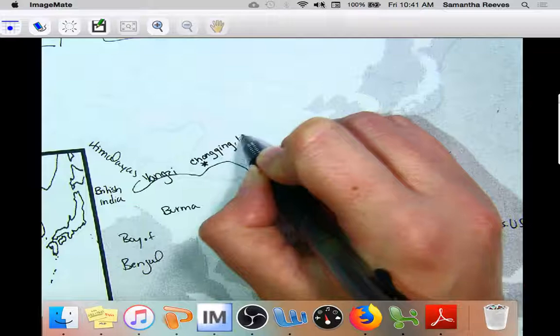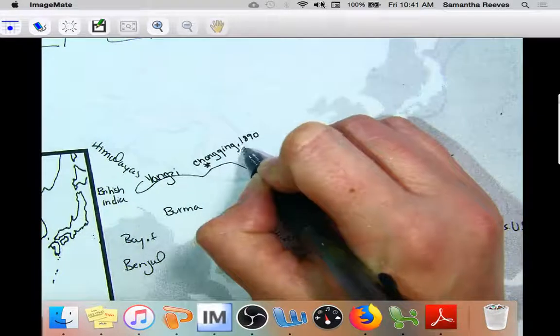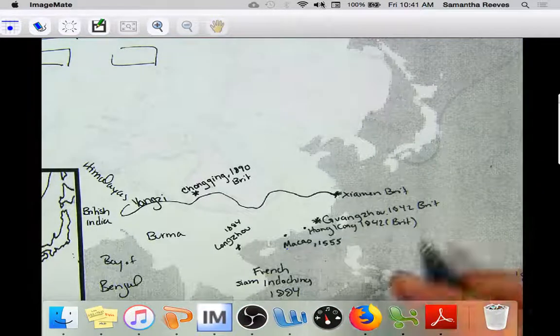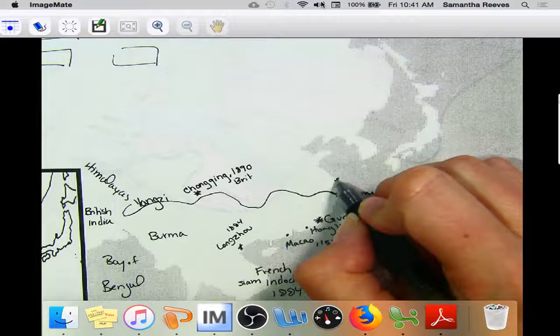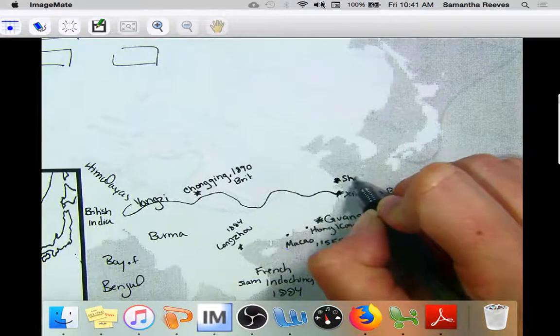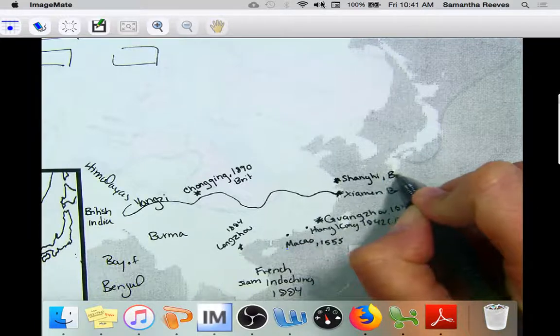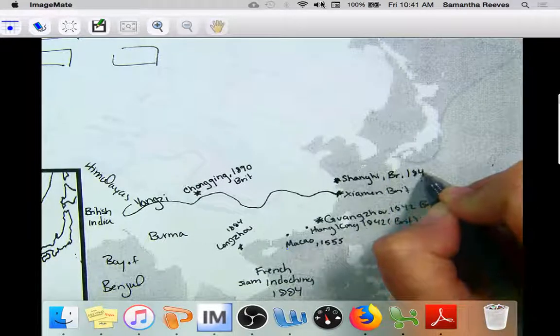Chongqing, 1890, British. Okay, back over the coast. Treaty port, Shanghai, British, 1842.